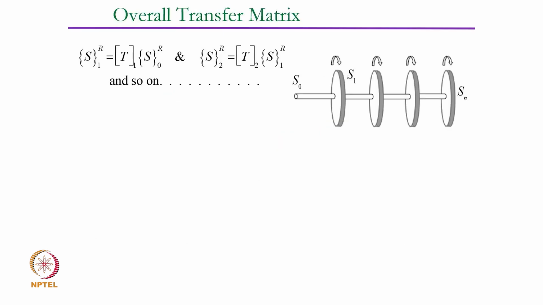Therefore, S1R will be related to S0R, the previous segment's right side, through the first transfer matrix. So if I call this S0 and this one S1, of course the right side of it, S1R is going to be this state vector and S0R is going to be this state vector. They will be related through a transfer matrix T1.